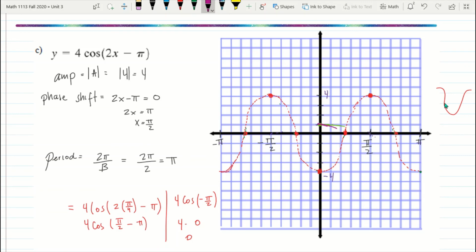Way better. So at pi over 2, it's 0. Then at pi, it is -1. Okay, so same thing.